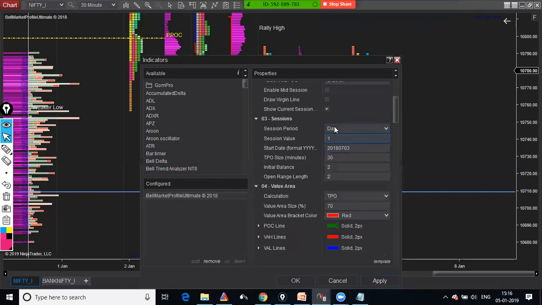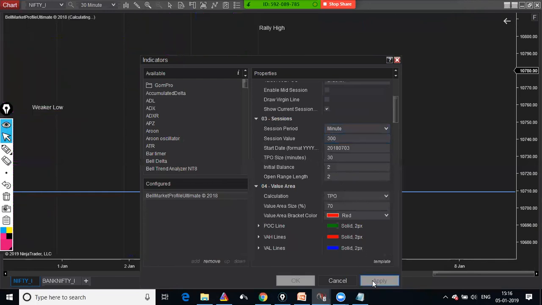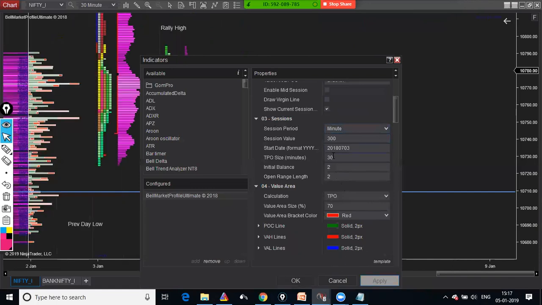Or maybe if you want to split into 2 profiles in a day, you have to use minutes and say every 300 minutes you build me a distribution. So every 5 hours or so you will be getting a distribution. A day's activity will be split into two different distributions. In such a case, you can go with a 15-minute.